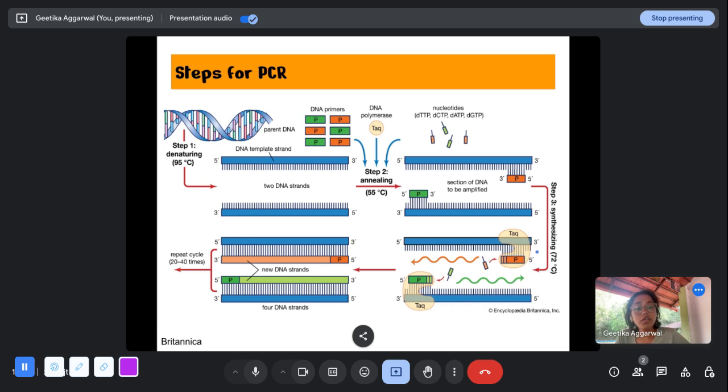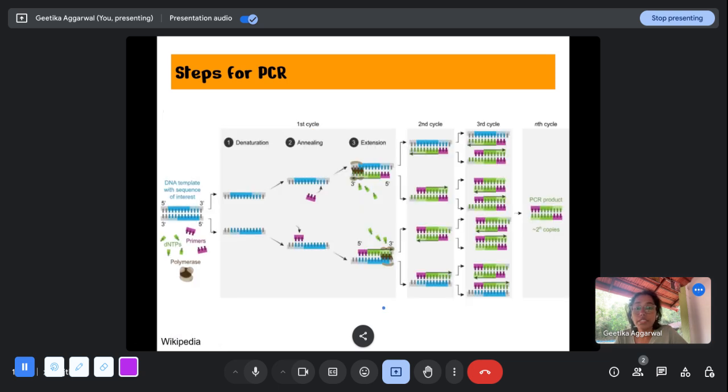From 5' to 3', it adds the dNTPs, so the Taq polymerase will make the new strands. Once this is done, from one parent DNA you now have two DNA. When you repeat this cycle multiple times, from two you will have four, then eight, and so on. So these are the different steps of PCR.